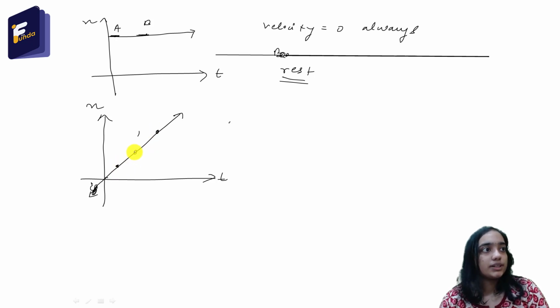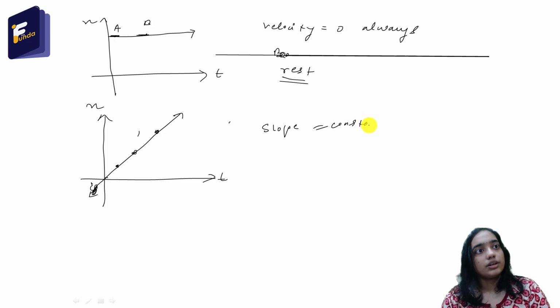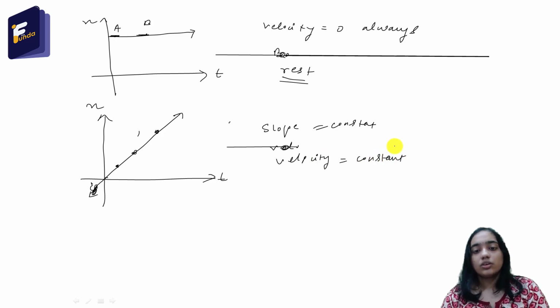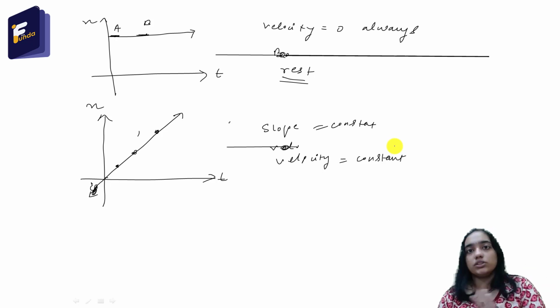At this point the slope is the same, at this point the slope is the same. That means the slope is constant, that means velocity is constant. Okay, so the body is moving with a constant velocity.